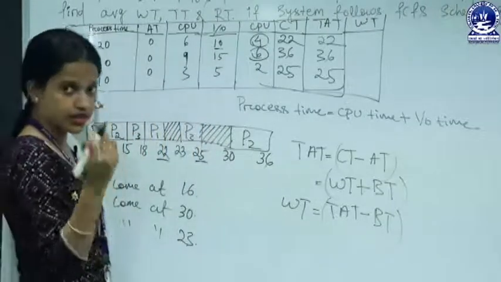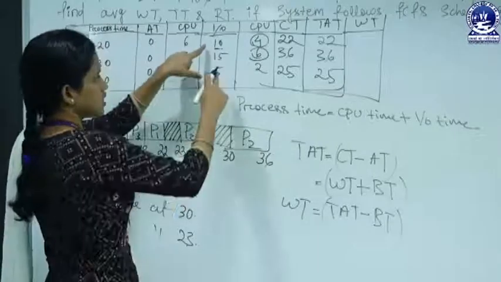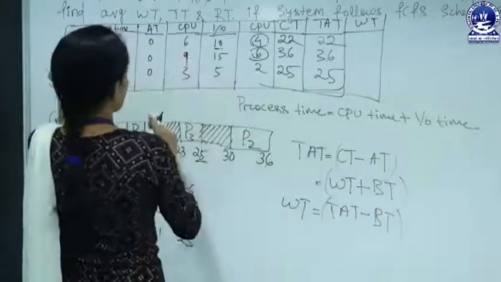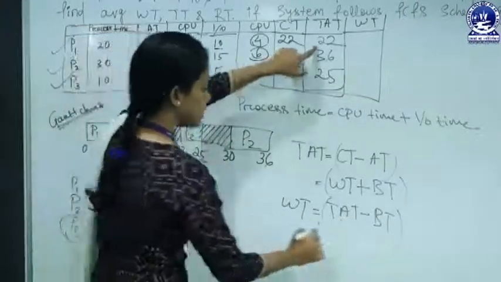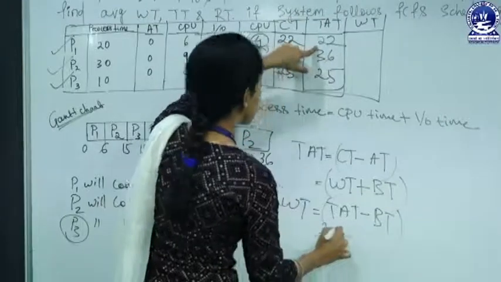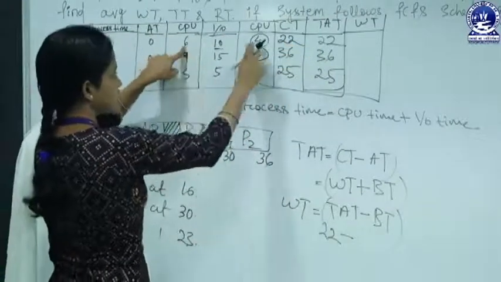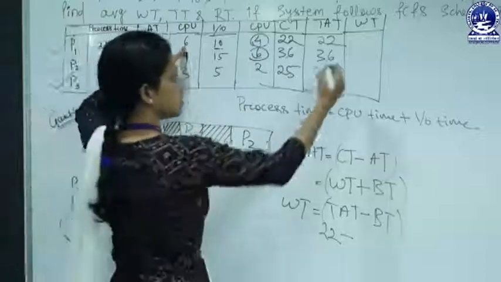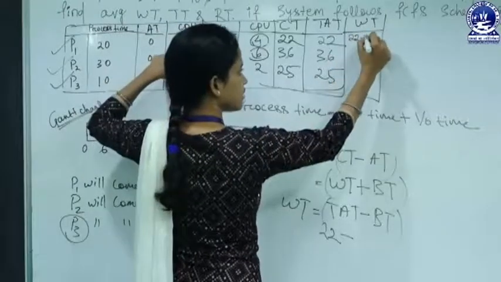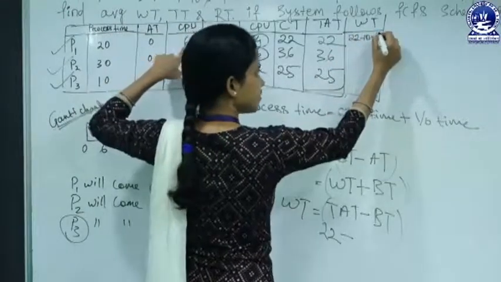has executed in CPU. So, waiting time for P1 would be 22 minus 6 plus 4, that is 10. 22 minus 10, that is 12.